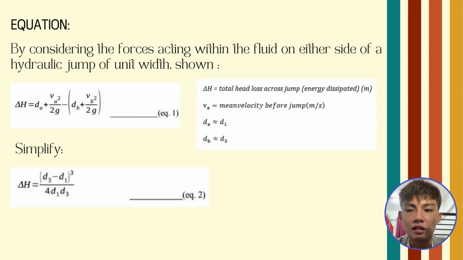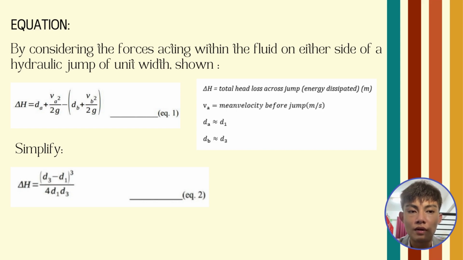Change of the head equals dA plus VA squared divided by 2g, minus dB plus VB squared divided by 2g. That is equation 1. As we know, the change of the head is the total head loss across the jump, the energy dissipated, so the unit is meter. VA means the mean velocity before the jump.